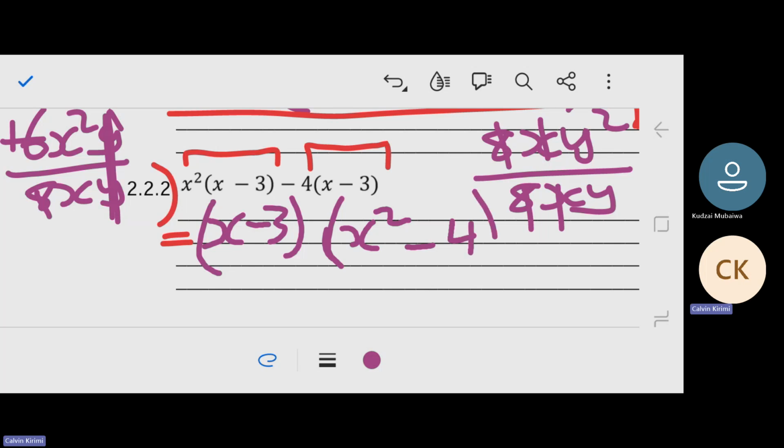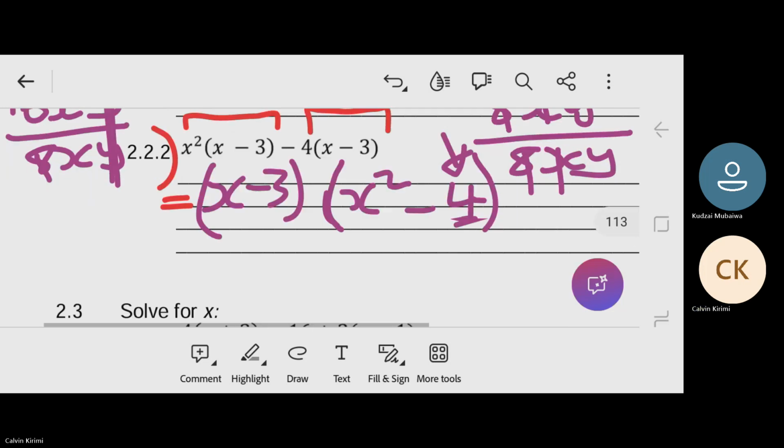But you are not done. Because I told you whenever you see difference of squares, you are not done. So watch out here. If it was a 4, a 9, 25, then you know it's difference of squares. So let's factorize it further.